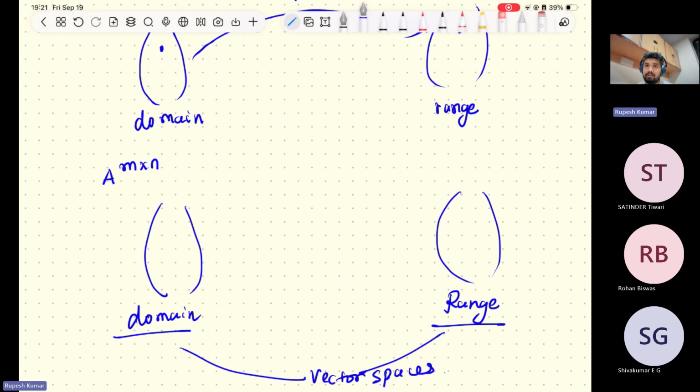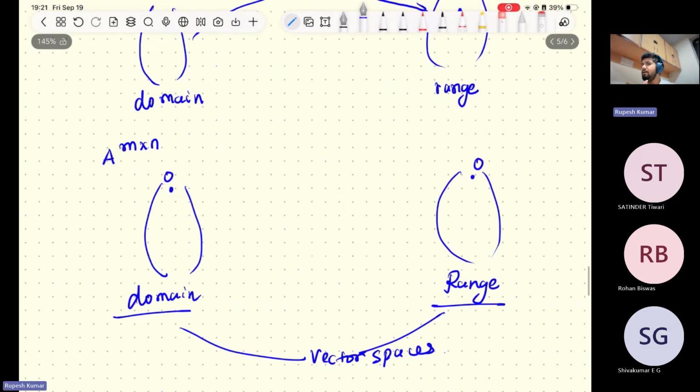Then what is the first thing you want to check? That 0 exists in both these sets, right? Because they have to be vector spaces with the other properties of vector spaces. So 0, and then there are some other points in this space, right? Consider each point as a vector in both of these sets.